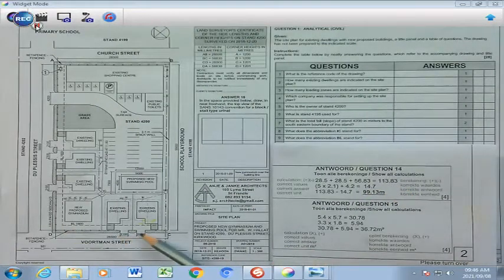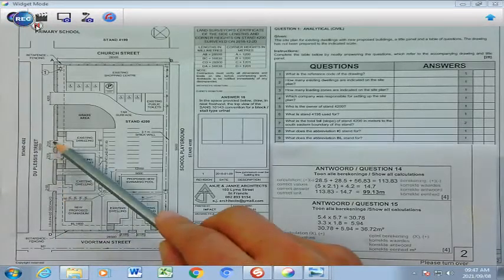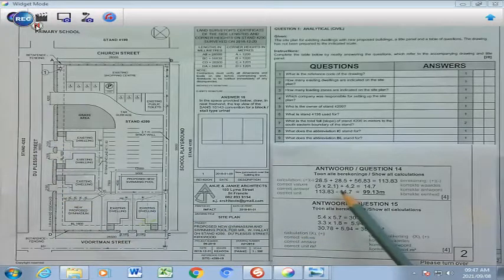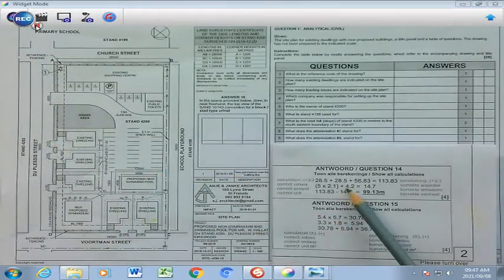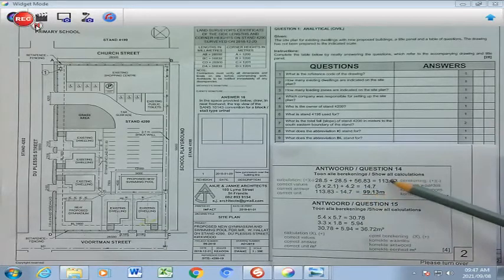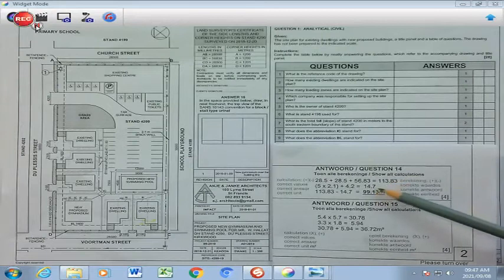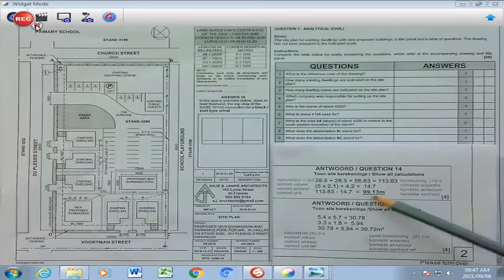Then you add up all the gaps here, 1, 2, 3, 4, 5, 2.1s, and then you add the 4.2 which is there, and that together will give you 14.7, and then you subtract 14.7 from 113.83, and that will give you 99.13 meters as the perimeter of the beta fence.